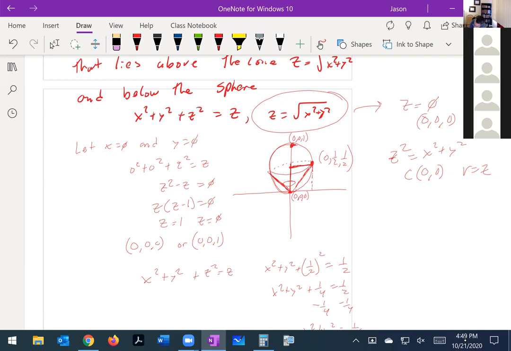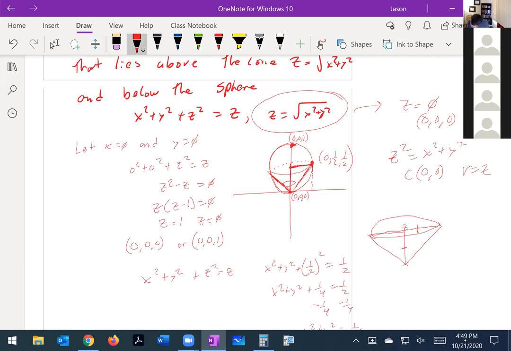So the radius and z are equal. So it basically looks like this. You've got basically an isosceles triangle that's creating your cone, because the height, z, and the width, radius, are the same. Oh, that's kind of cool.